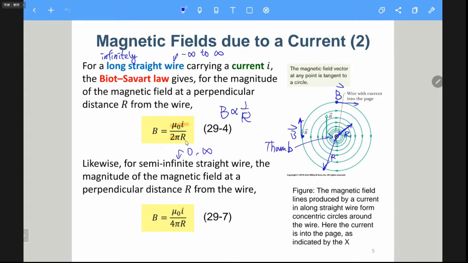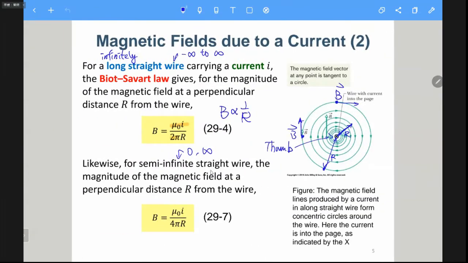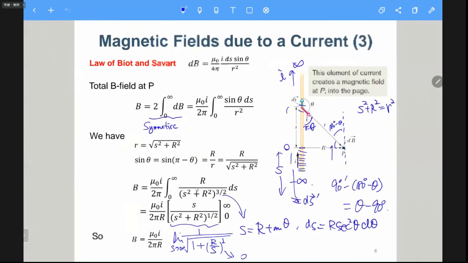We will keep using this result many times in the following two chapters, I think. This is a very important result here. And of course, just according to this part, for a semi-infinite straight wire, it will be half of this one.